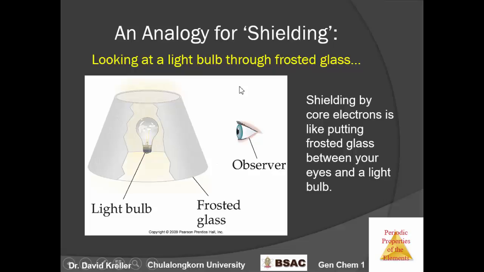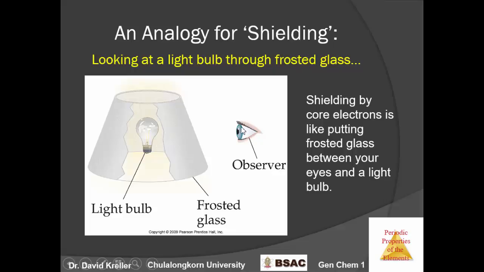Now, I'm sure you're a very intelligent and very bright person, and you already see the analogy. The analogy is like this. The light bulb is kind of fundamentally like the nucleus. The light bulb giving off radiation is like the nucleus, which is giving off a field of positive charge.